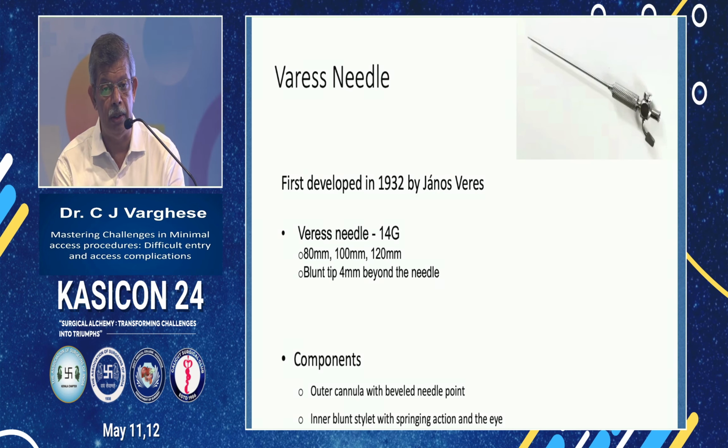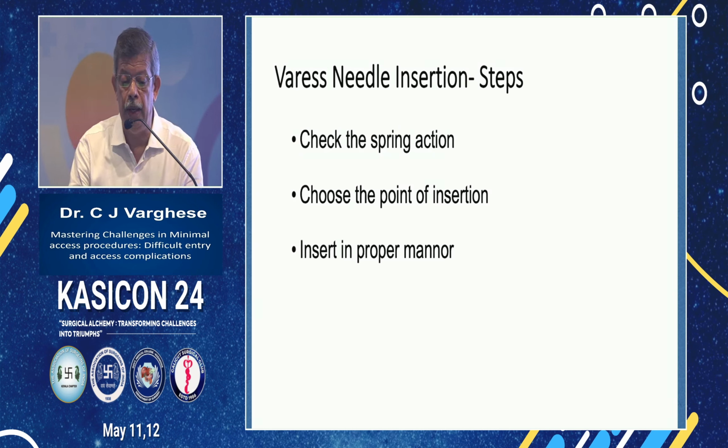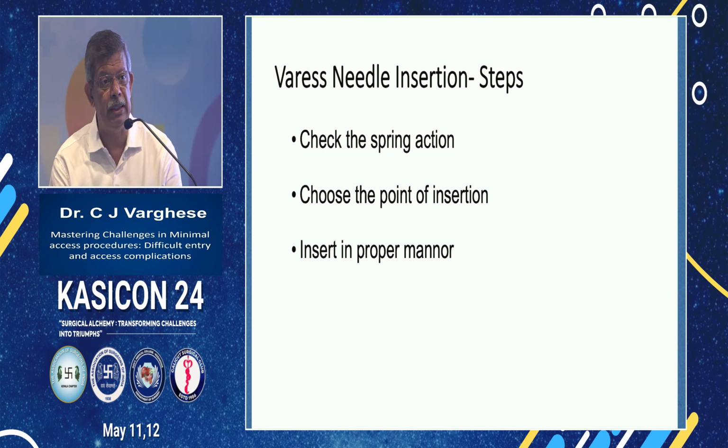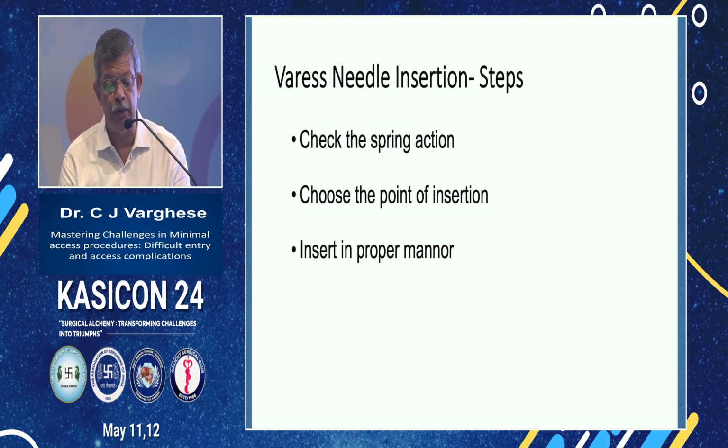But still, complications can take place with this approach. It is not without complications. While introducing this, there are some basic steps to be followed. First, check the instrument to see whether the spring action is intact and working properly. Sometimes it will be stuck and you will land in trouble.